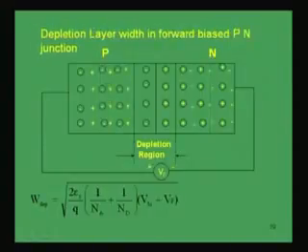Now, if you visualize this width, there are positive charges on the right and negative charges on the left, which are fixed charges, and the number of fixed charges is changed by the forward and reverse voltage, because forward voltage reduces the number of charges accumulated in the depletion layer, and reverse bias causes more charges. That means it is like charging and discharging taking place across a capacitor.